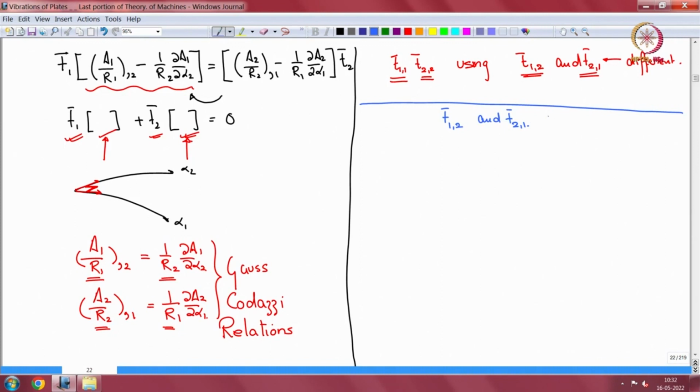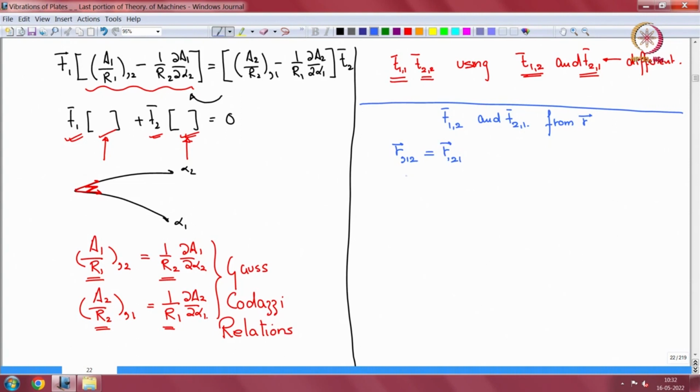We will do it from R bar. Now, R comma 1 2 is equal to R comma 2 1.